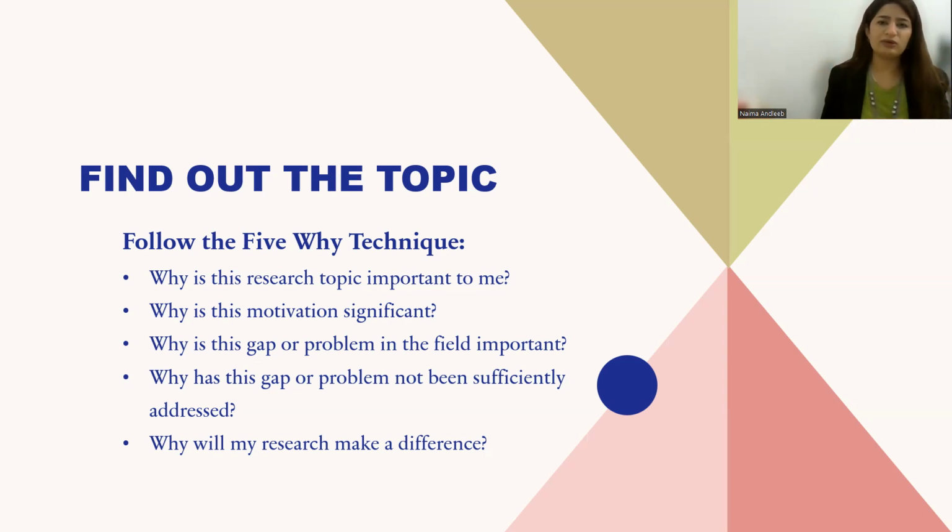Whenever you are thinking about a problem and solution, think not only for one segment. You need to make your reasoning and thinking broader, because you are going to figure out a problem and propose a solution. What can that solution be helpful for, and for which class of people? Why has this gap or problem not been significantly addressed?